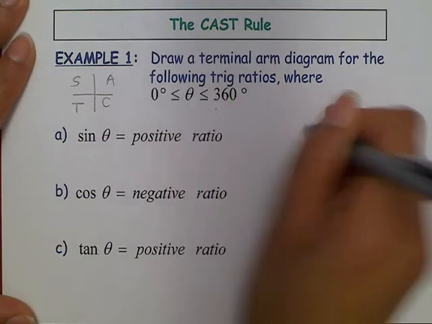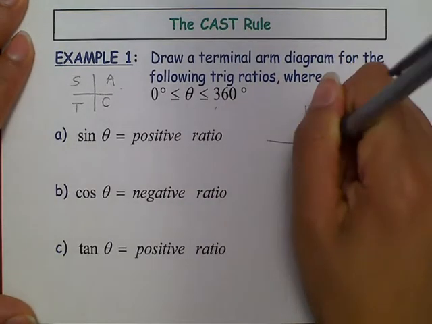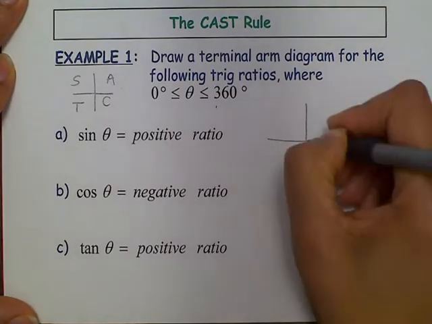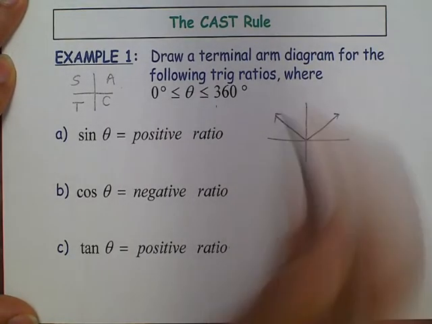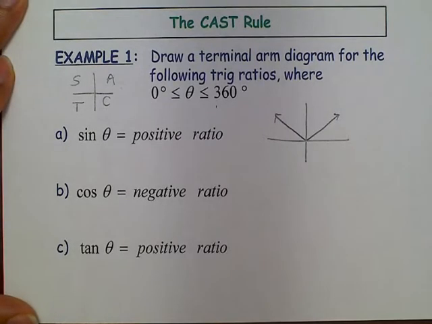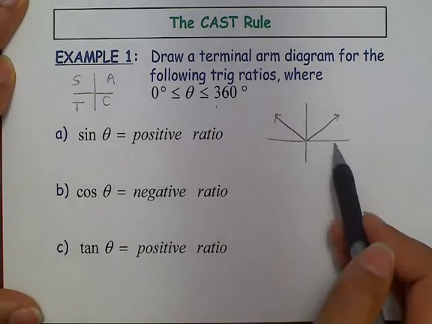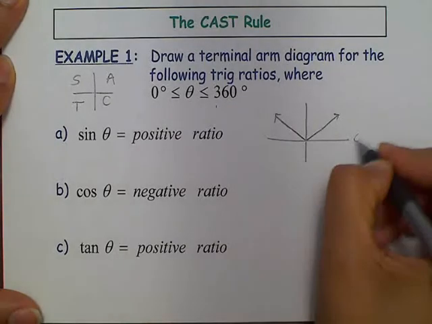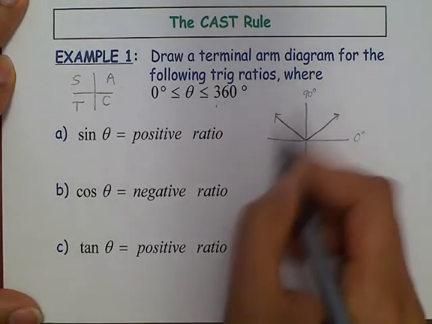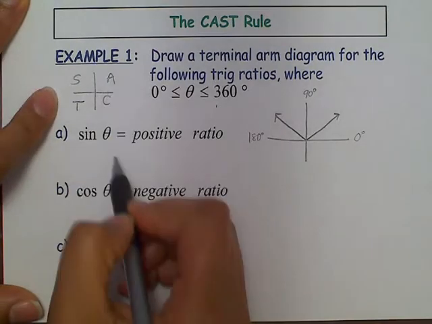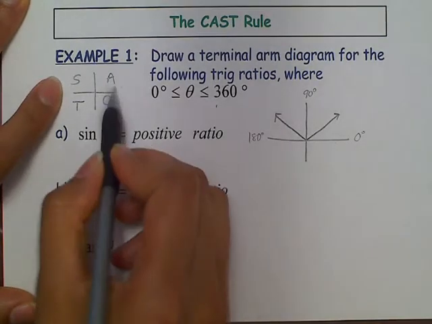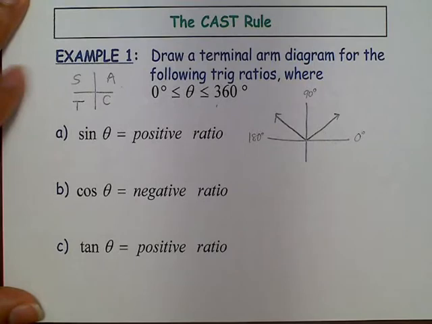So if I'm drawing my terminal arm diagram, I would focus mostly on the first two quadrants, and I would have a terminal arm in the first quadrant and a terminal arm in the second quadrant. And what that means is I could potentially have an angle between 0 and 90 degrees, and another angle between 90 and 180 degrees, because the first two quadrants is where the sine ratio is positive.